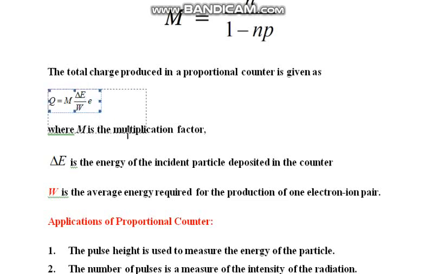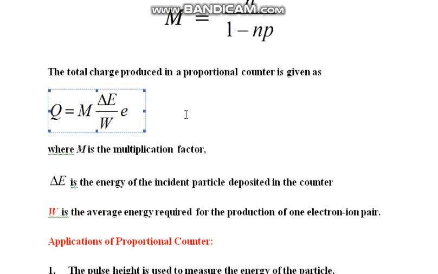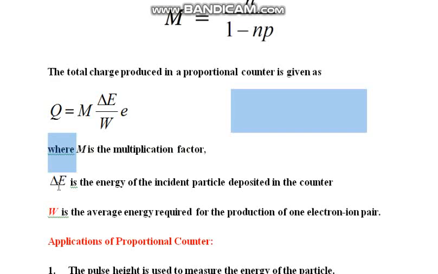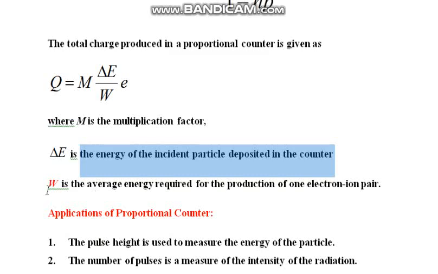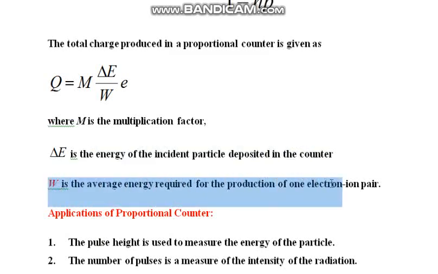The total charge produced in a proportional counter is given as Q is equal to m into delta E into e, divided by W, where small e is the charge on one electron, m is the multiplication factor, delta E is the energy of the incident particle deposited in the counter, and W is the average energy required for the production of one electron ion pair.